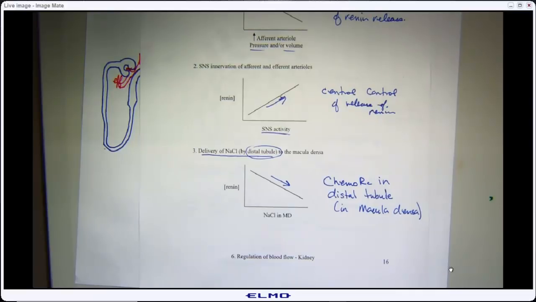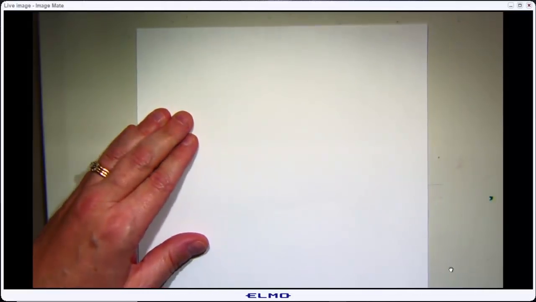So then the game afoot is, how do you change sodium chloride in the macula densa? Let's think about how we change sodium chloride in the macula densa, because then that's going to link it all for us.